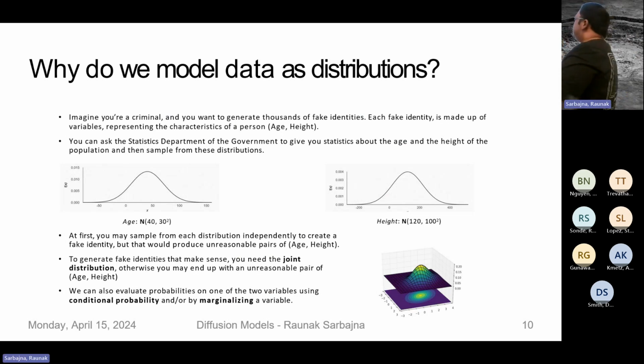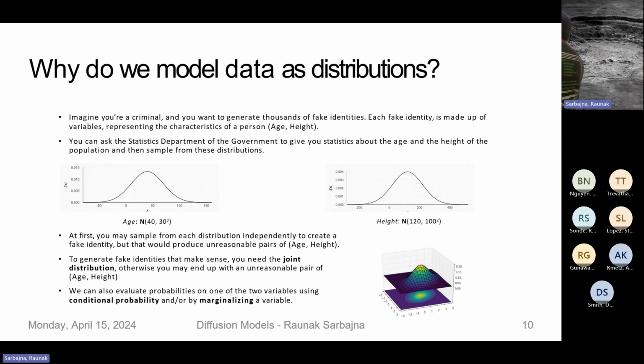So independently sampling from distributions like this causes unrealistic problems, problems that won't come up when you're doing math, but problems that would come up when you're looking at the outputs as a real human being, right? So to generate data that makes sense, you need to do joint distribution. All these different parameters, you have to consider them together.